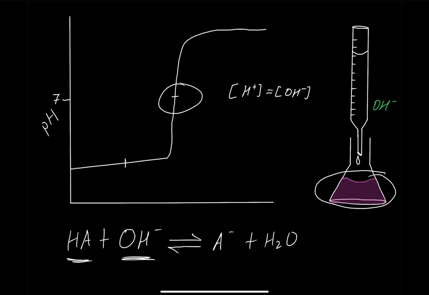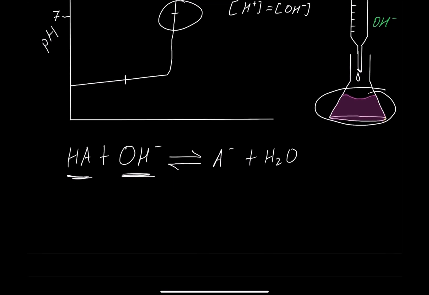We call it the limiting factor because it's the one that's going to get used up. So this is a very simple observation of a neutralization reaction. Acid plus a base forms a salt plus water, and the salt is A minus, because salt is fully dissociated in solution.